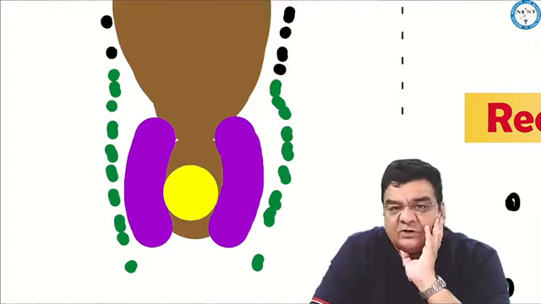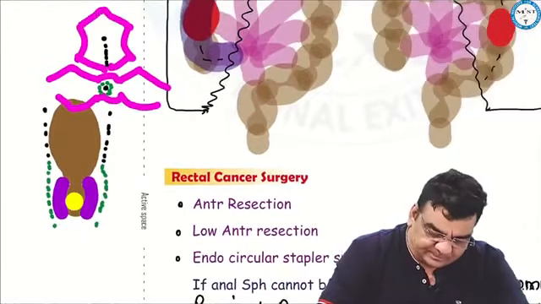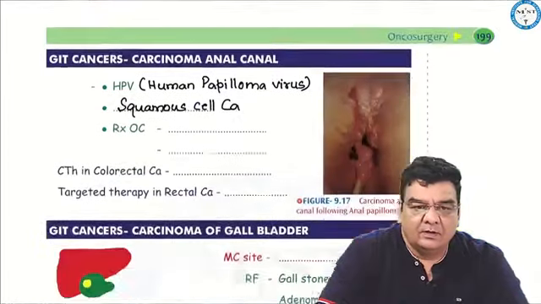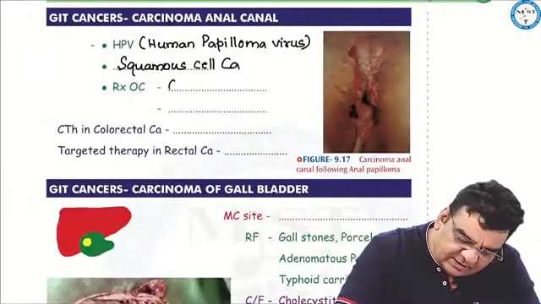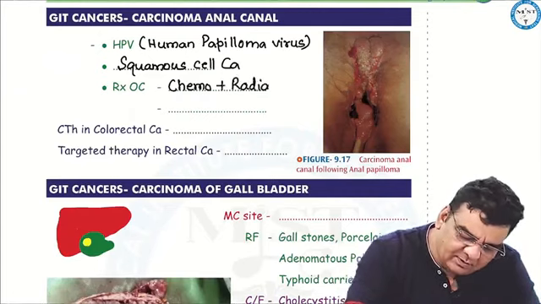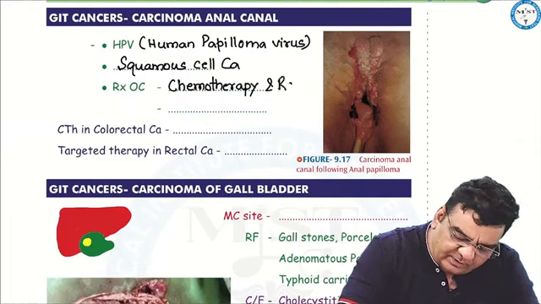It is a combination of chemotherapy and radiotherapy which is commonly used for treatment. So treatment of choice for anal canal cancer is combination of chemo and radiotherapy.